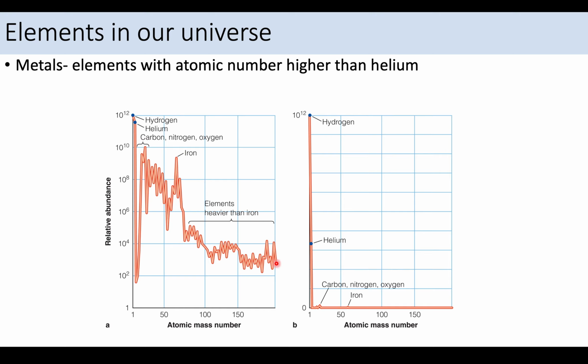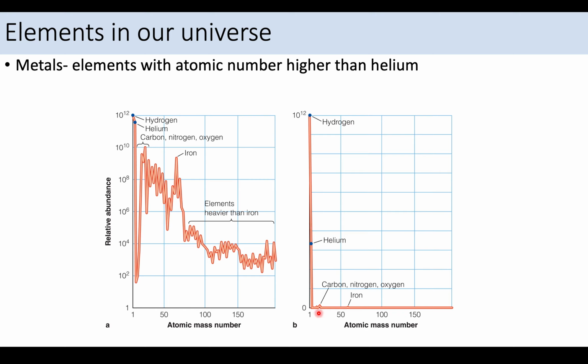So all of these elements here that make up still a good amount of our galaxy, those are metals. This scale is a little hard to look at. If we look at just a linear scale that goes from 0 to 10 to the 12, we can see how much hydrogen is in our galaxy compared to how much helium, compared to how much of everything else.